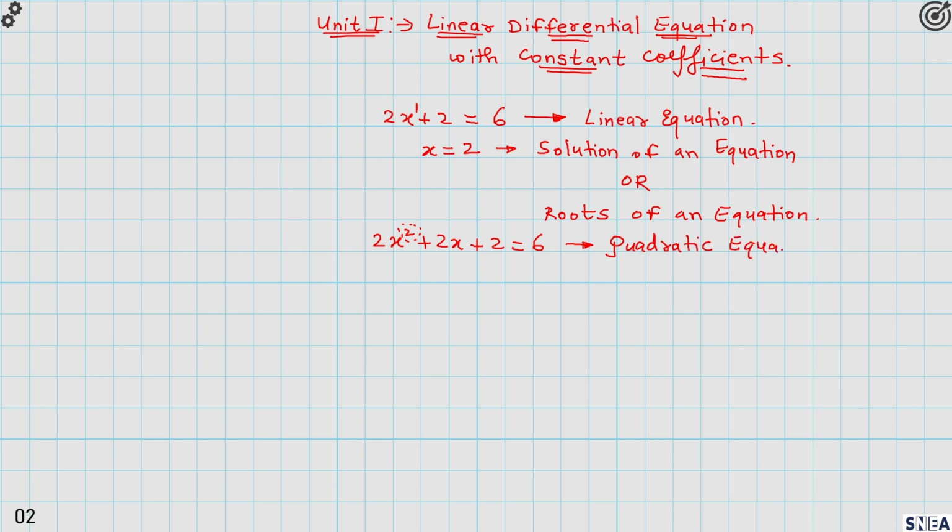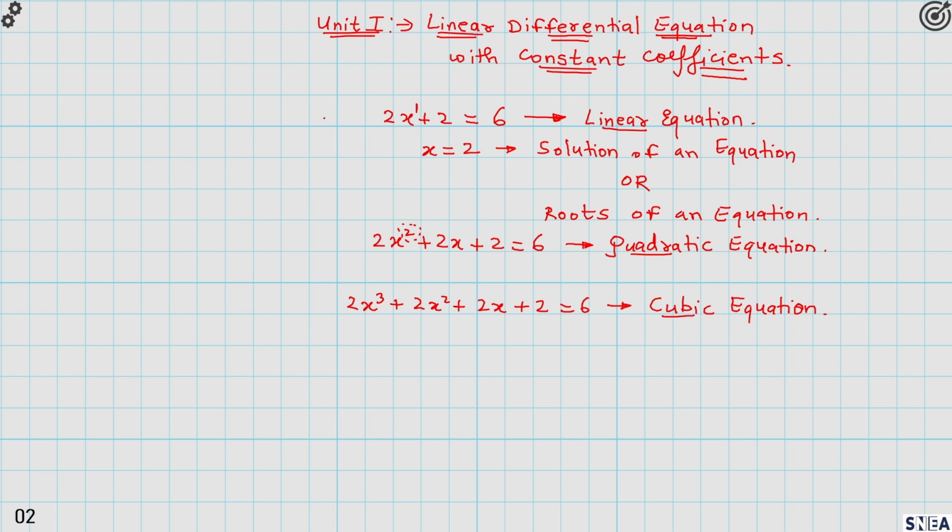When we have 2x cube plus 2x square plus 2x plus 2 equals 6, this will be called a cubic equation. So all these equations are there: when the power is 1, it is linear; power 2, quadratic; power 3, cubic equation.